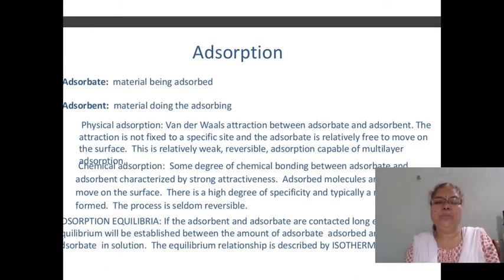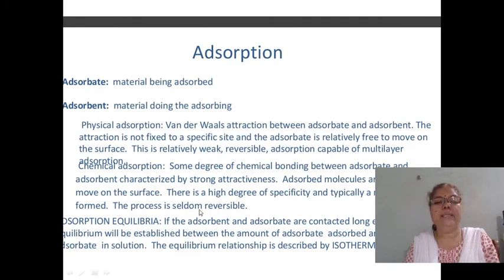The adsorption of H2 gas prefers the nickel surface and not the alumina surface. That is chemical adsorption: a high degree of specificity between hydrogen and nickel and not with the alumina. And typically a monomolecular layer is formed.